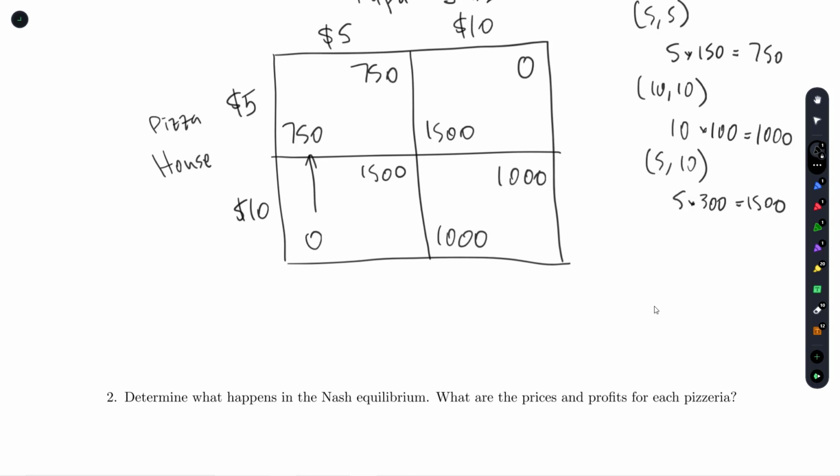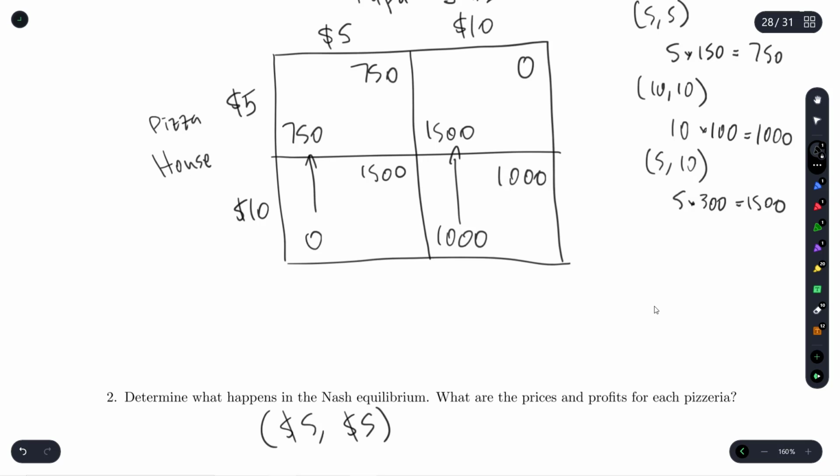Had Papa Jim's picked $10, Pizza House also prefers $5 because 1,500 is better than 1,000. And so Pizza House is always going to pick $5, and since the game is symmetric, Papa Jim's is also going to pick $5. So our Nash equilibrium is both firms picking $5, and each firm is going to make a profit of $750 each.